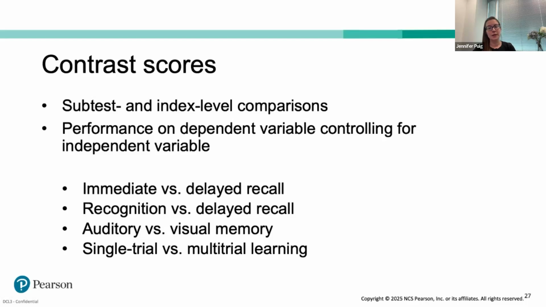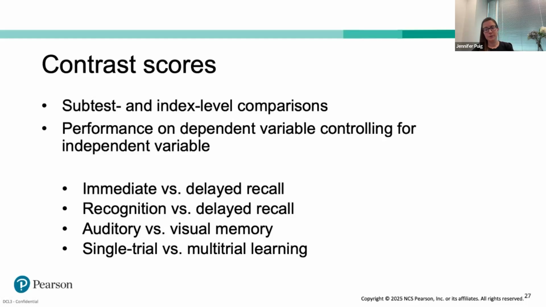Conversely, if an examinee who obtained a scaled score of 10 on logical memory delayed obtains a scaled score of 7 on logical memory immediate recall, their contrast score would be a 15. This indicates that their performance on the delayed recall condition is above average compared to other people who achieved a low average score on the immediate recall condition. As you can imagine, you may have different interpretations of the examinee's performance based on the contrast score results.